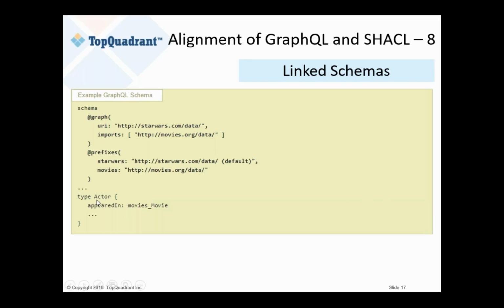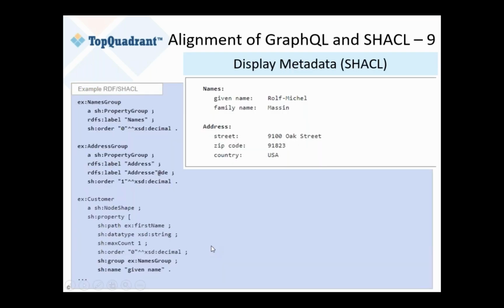So in this case, for example, you can define a type actor, which is referencing a concept called movies from another namespace. And using those annotations, the system TopRate is able to make sense and to link data from multiple namespaces together.